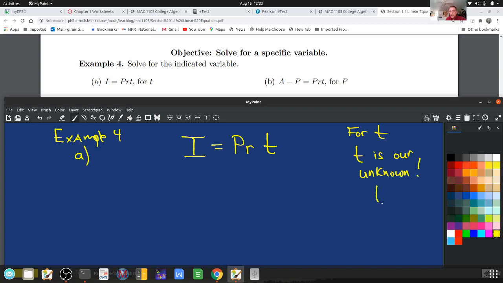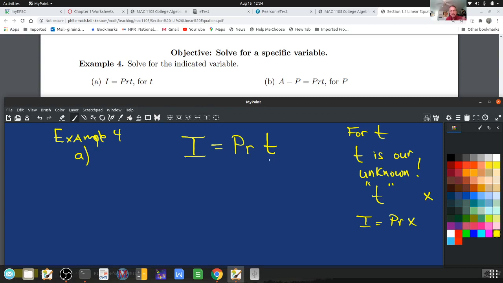In other words, T is our variable rather than X. Literally, if you want to go back and rewrite that as X is equal to PRX and then solve for X, and at the very last step replace X with T, that's fine. But it's really not that difficult. Let's go ahead and do it.